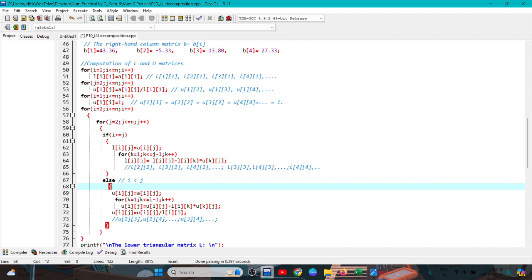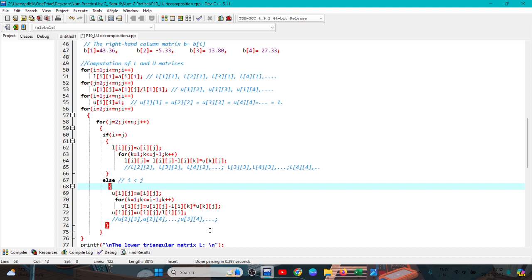Here u23 equal to a23. And again for k loop, k equal to 1 to i minus 1, k plus plus, that is u23 equal to u23 minus L21 into u13. And k runs up to i minus 1, so 2 minus 1, that is 1, so only one element.